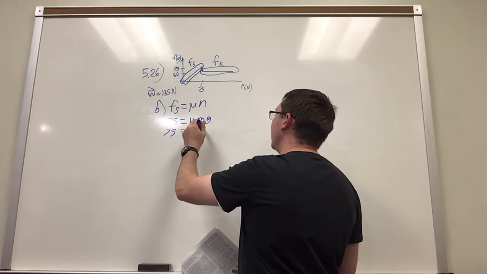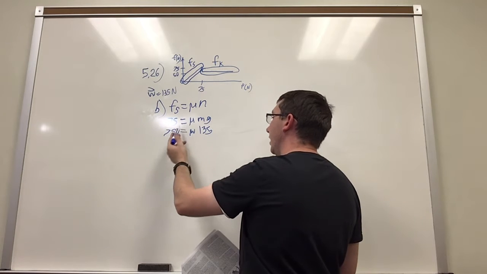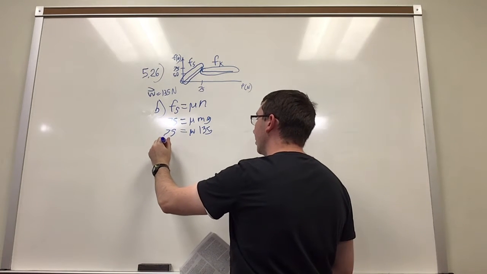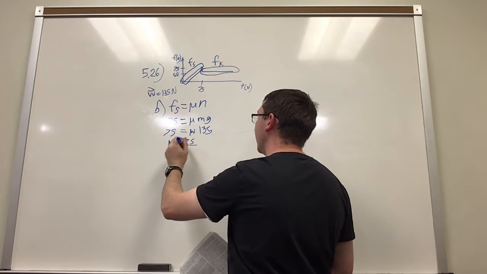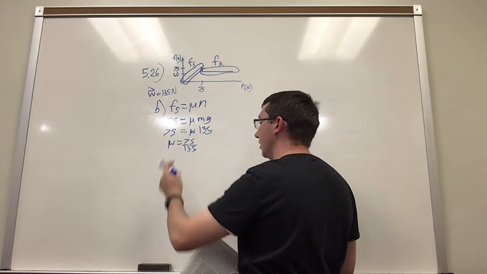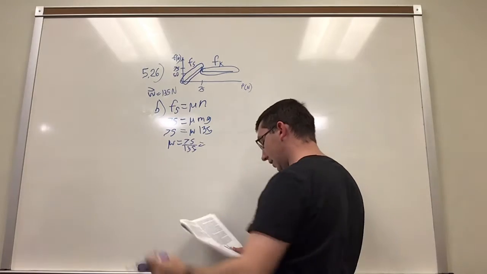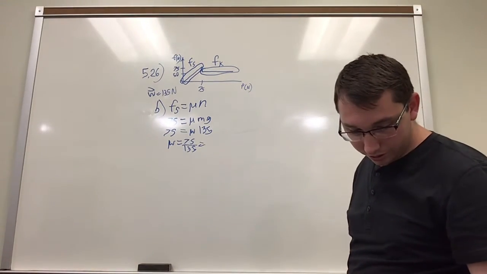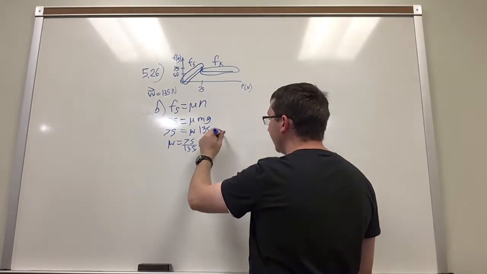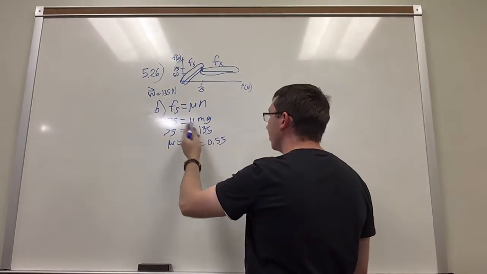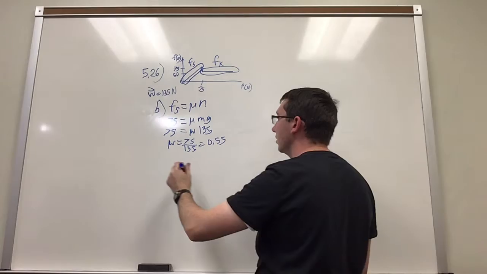We just plug that in and solve. So mu is going to be equal to 75 divided by 135. When you do the math, that comes out to 0.55 for the coefficient of static friction.